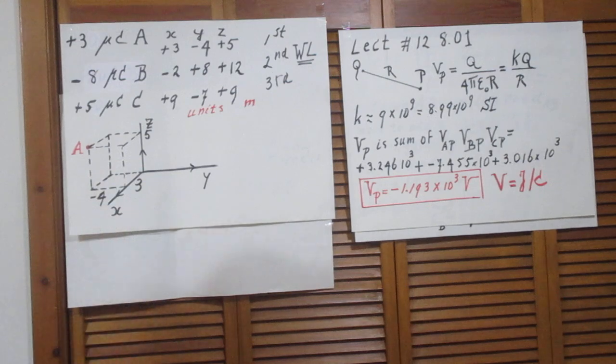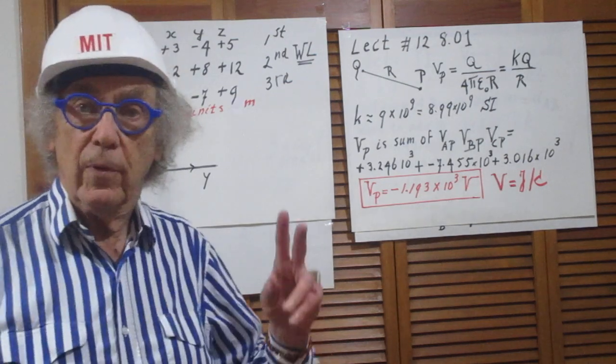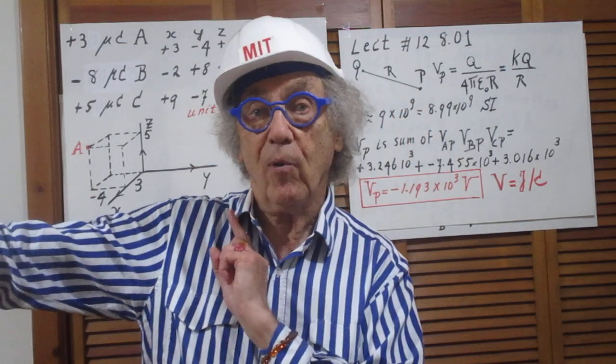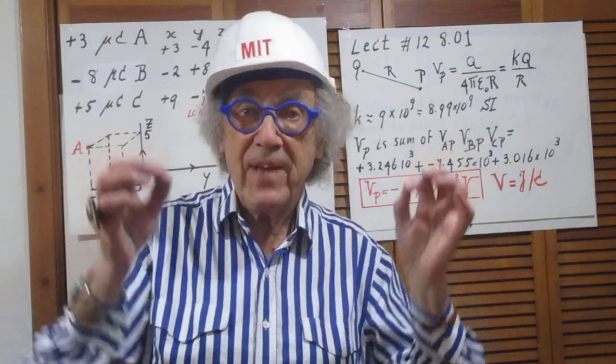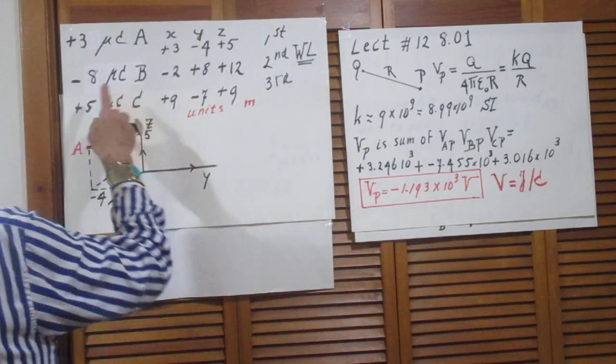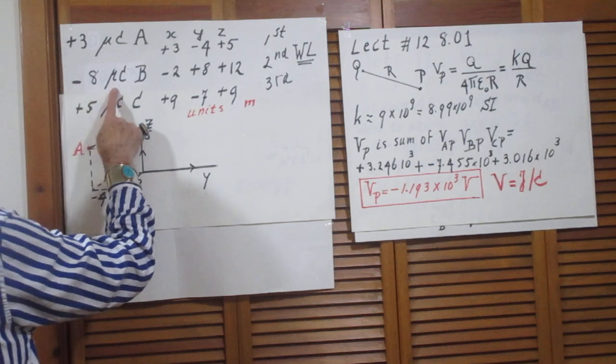You see that here. Once the first charge is in place, I go again far away and I bring a second charge into my reference frame, and the second charge is -8 microcoulomb.